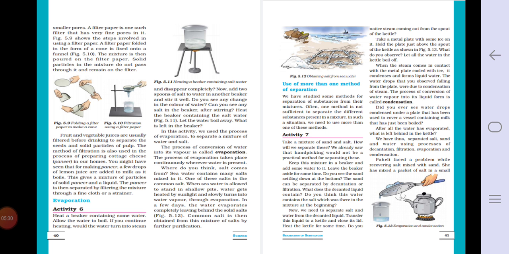We have seen that we added salt in the water, dissolved the salt in water, and started boiling. We saw the vapors. Now we have to separate that salt from the water. Transfer this liquid to a kettle and close its lid. Heat the kettle for some time. Do you notice steam coming out from the spout of the kettle?